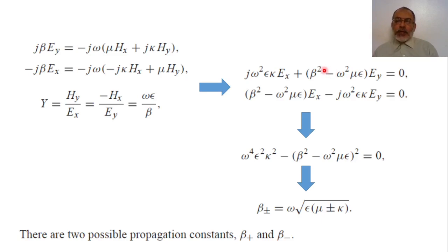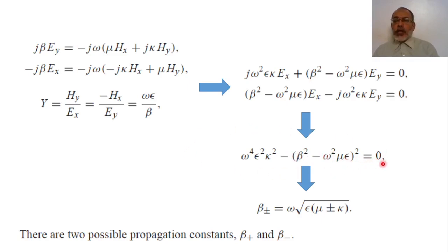So we are going to take the matrix represented by these two equations. The determinant of this matrix would be this element multiplied by this element minus this element multiplied by this element, which would equal 0. This is actually omega to the power 4 epsilon squared kappa squared minus beta squared minus omega squared mu epsilon squared equals 0.